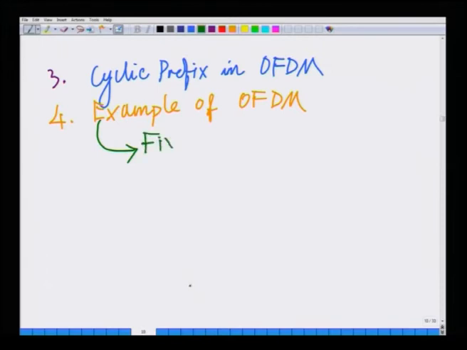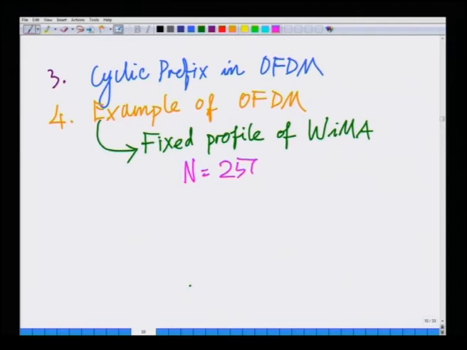So, we looked at the fixed profile of WiMAX. This had n equals 256 subcarriers.